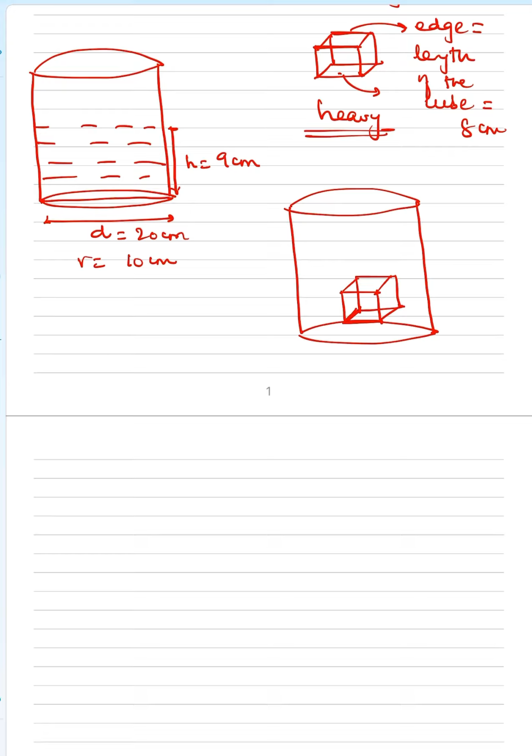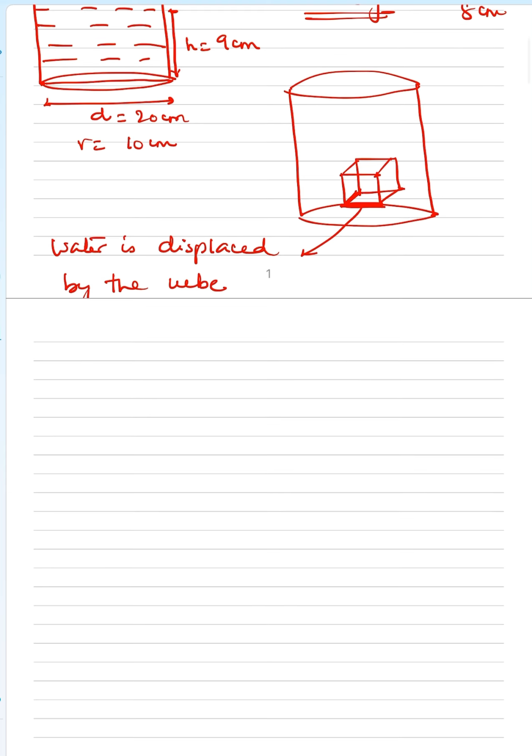Because the cube is here, this much part of the water is displaced by the cube. Because the water is displaced, the level of the water in the cylinder has increased.